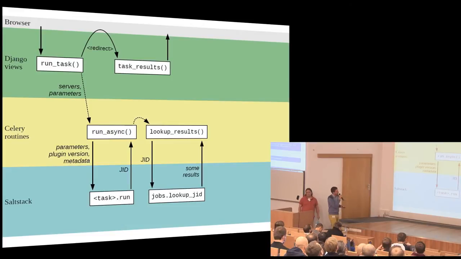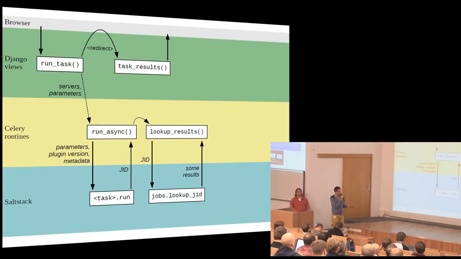So before returning, this helper function will again asynchronously invoke another one, lookup results, and this function is aware of the job ID, so it can inquire Saltmaster about how things are going, how many of the minions have finished the job, how many not, and what are the results of those that did finish.